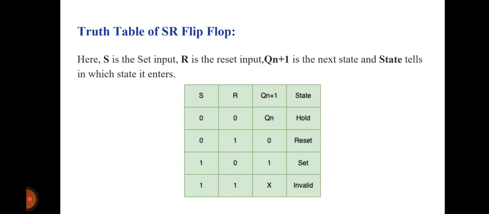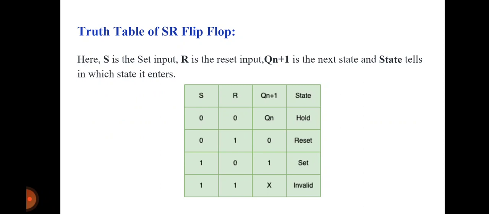As we discussed previously, when set and reset are 0, the output will be Qn and it will be in the hold state.